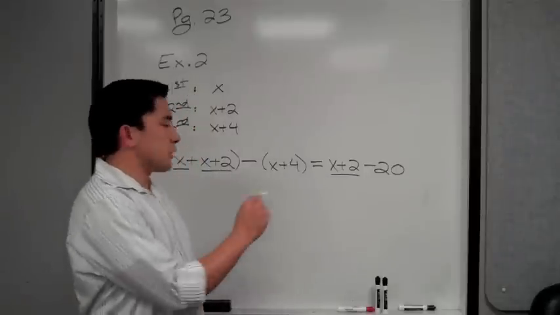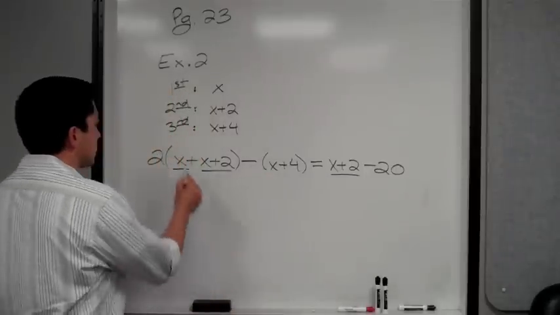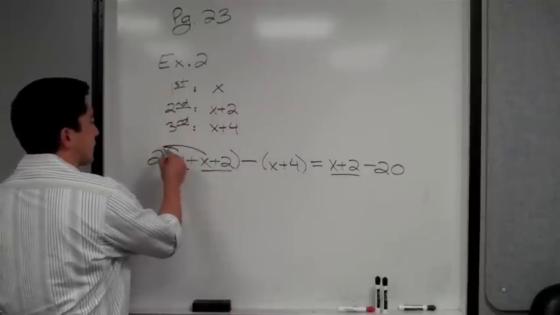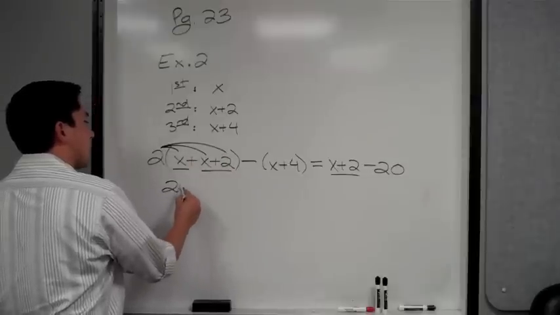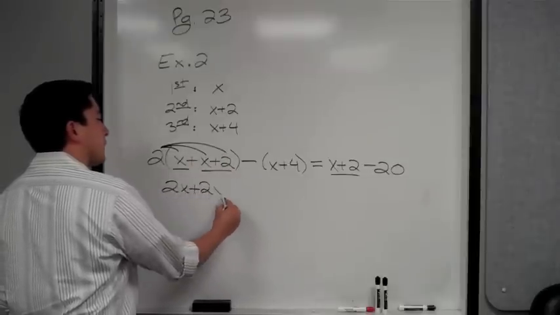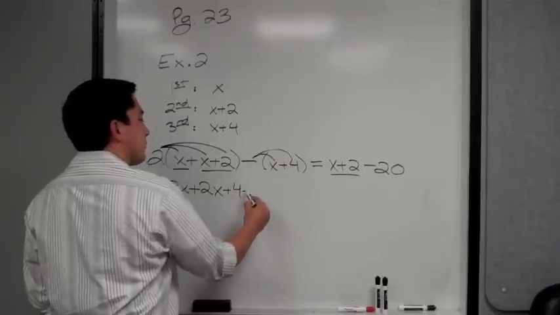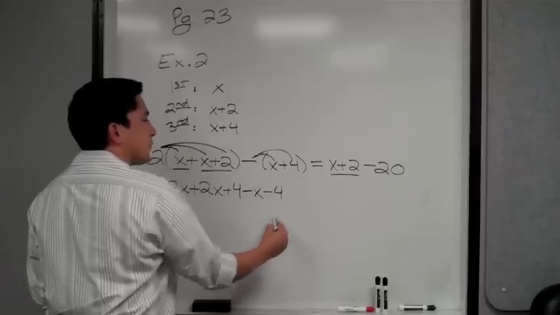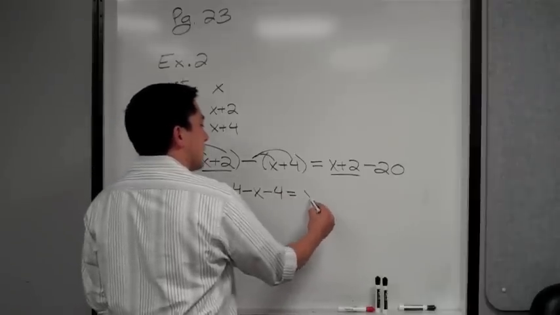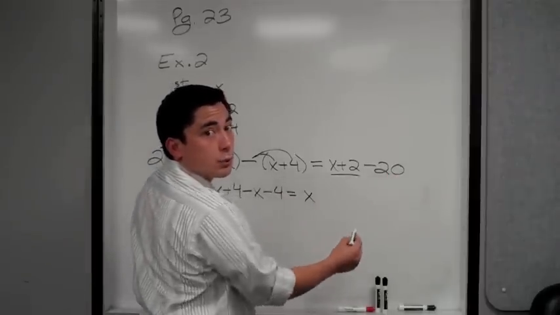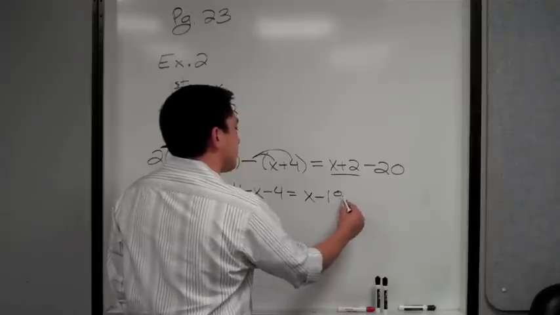Now let's do a little distributing and combining like terms. If I distribute to each term, I get 2x plus 2x plus 4. Distribute the negative, minus x minus 4 equals x, and I can combine the 2 minus 20 is negative 18.